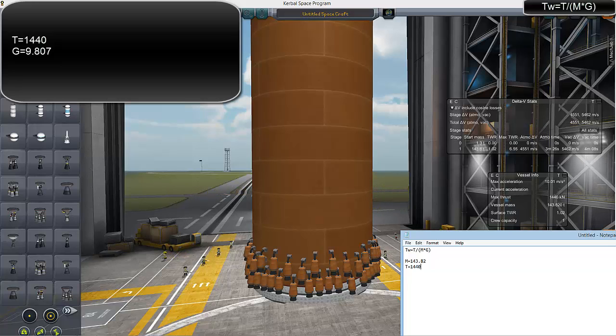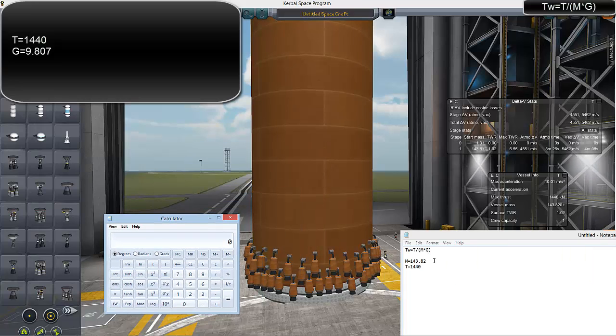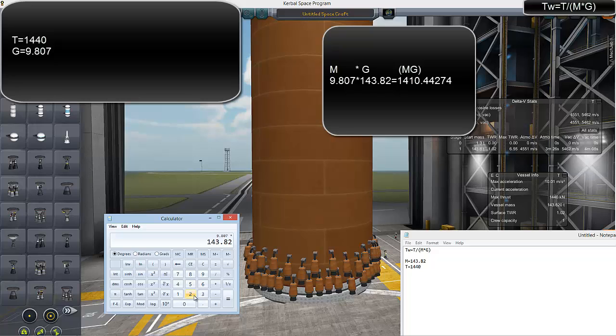Now, using the mathematical formula as is shown here, what you need to do is 9.807 times 143.82, and save that.